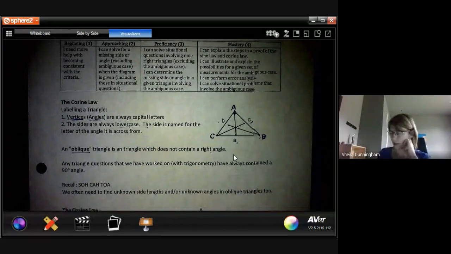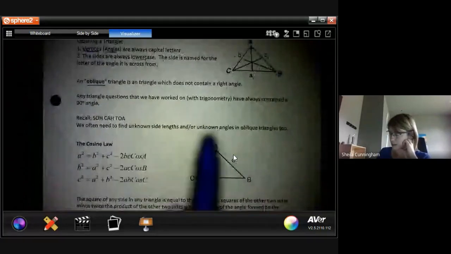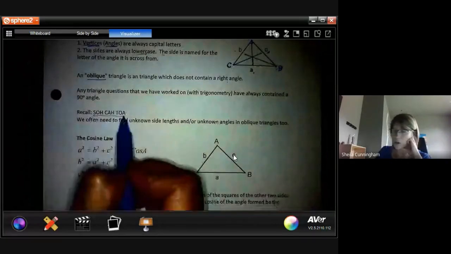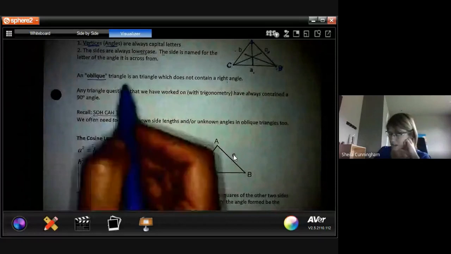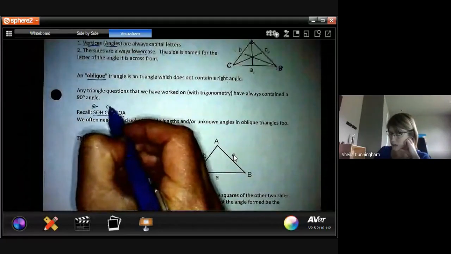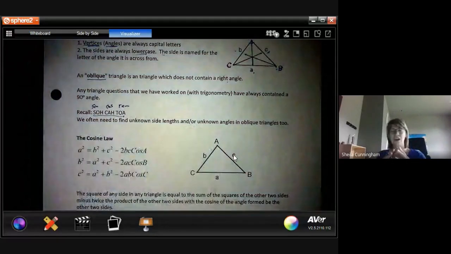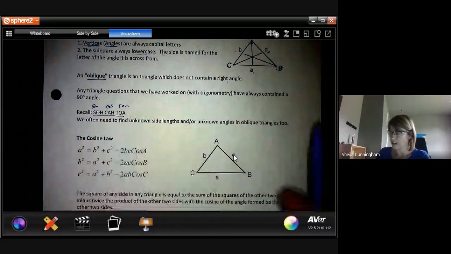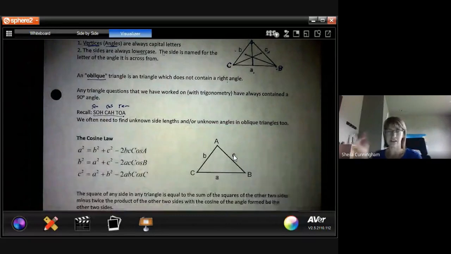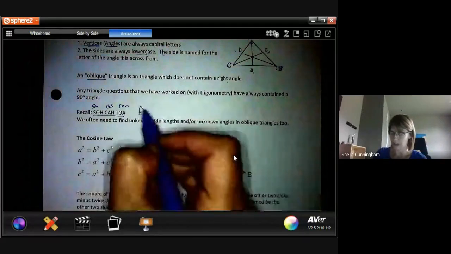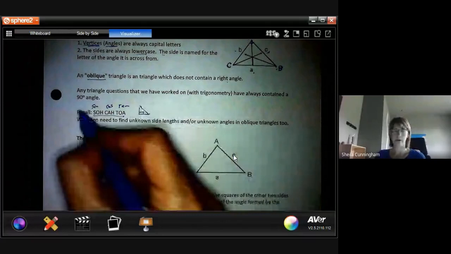So a couple things that we can recall from that: if we look at SOHCAHTOA, with the S being sine, the C being cosine and the T being tangent, we can actually use SOHCAHTOA to find other unknown angles in a triangle. If we have it in the form of a right triangle, we'd find those unknown pieces using SOHCAHTOA.